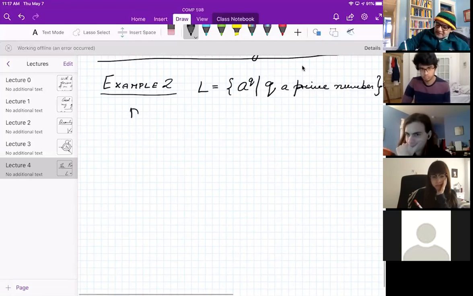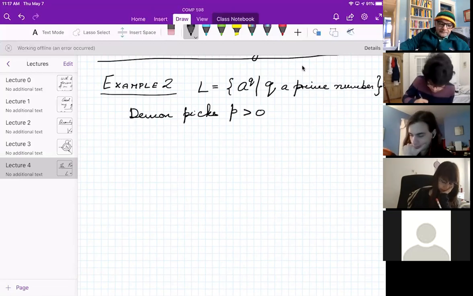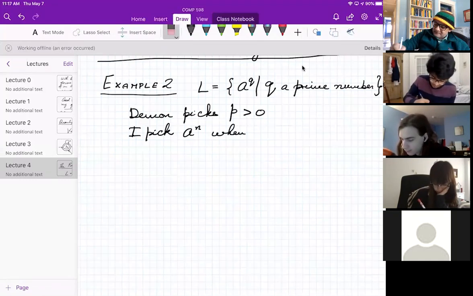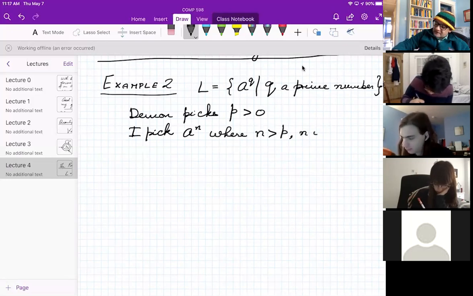So the demon picks P. Then I, with my halo glowing in full form, pick a to the n, where n is strictly greater than p and n is a prime.